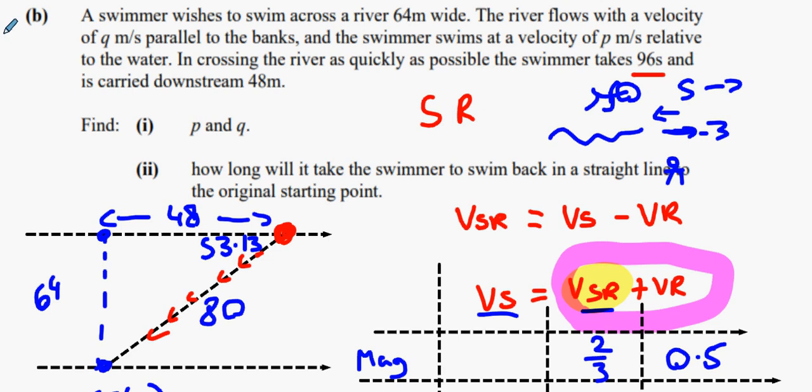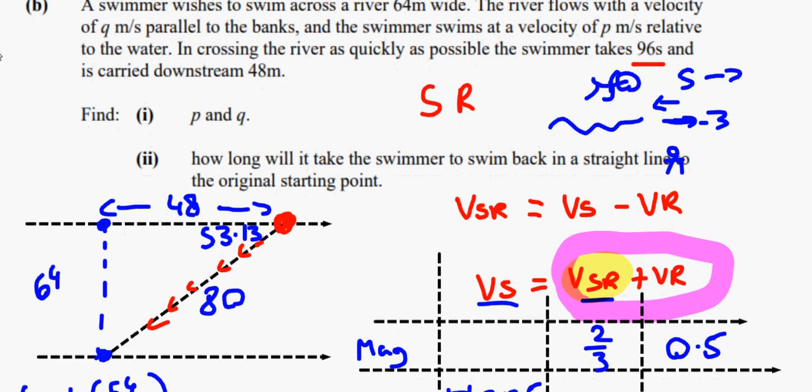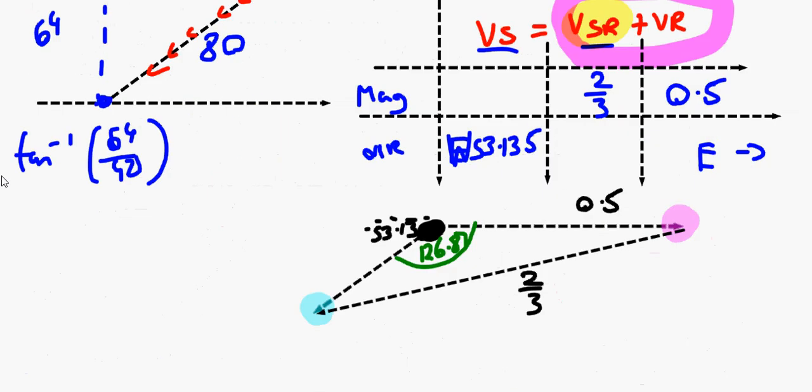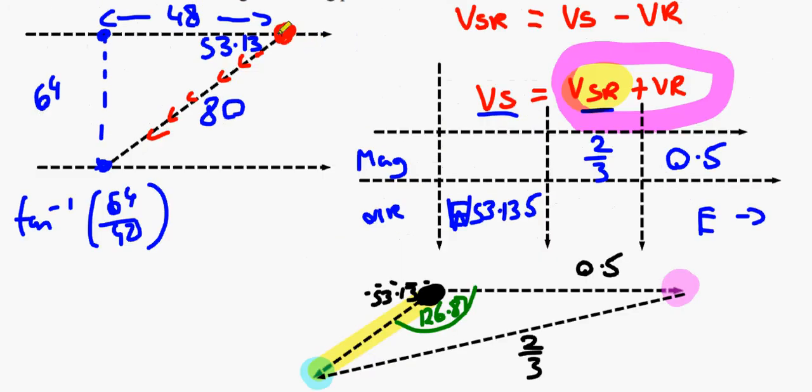You can go straight into the T method if you want. Do you know the way you're looking for the time taken? Okay. If I do it this way, I'm essentially looking to find out this yellow line here. See that yellow line there? That yellow line is how fast I travel along this route, the 80 meters.